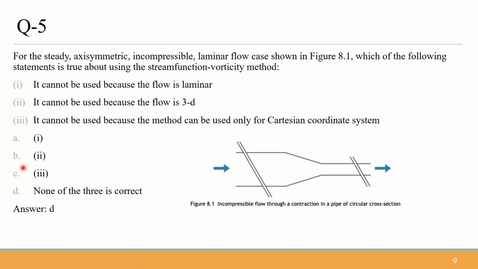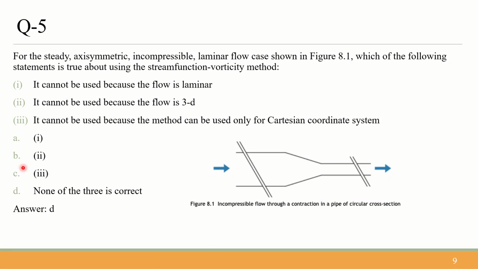Although the stream function vorticity approach is limited to 2D problems, steady state 2D problems can also use it in this particular case. So none of the three is correct is the right answer.